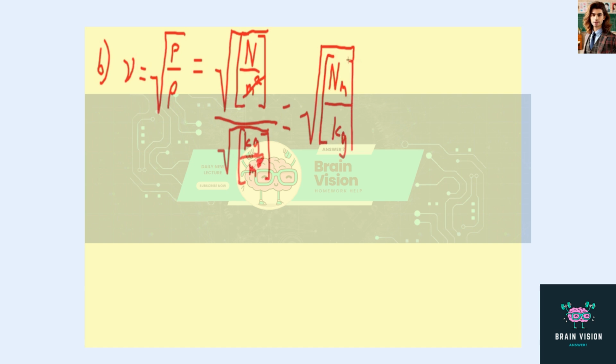So here's an example where it's better to expand newtons. Square root, what we got here, newtons, if we remember, that is a kilogram meter per second squared. I'll expand that over here. And we've got a meter, and then there's this remaining kilograms.